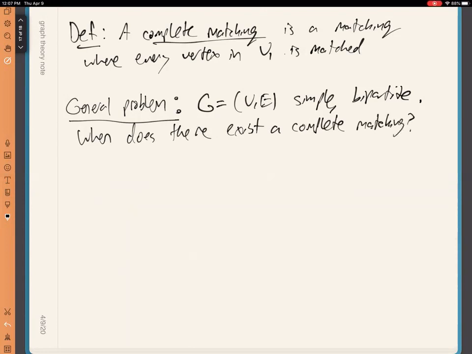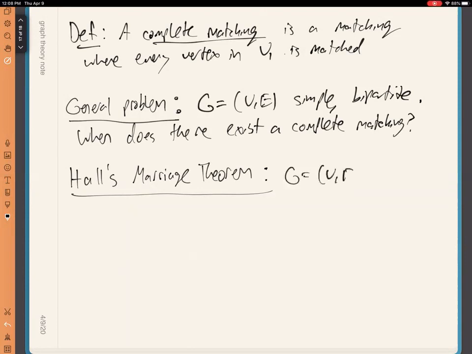And so this problem was mathematically resolved in the 1950s by Hall, and this is a theorem that characterizes the solution to the problem, which goes by the name of Hall's marriage theorem. The theorem is that suppose you have a bipartite graph, which is simple.